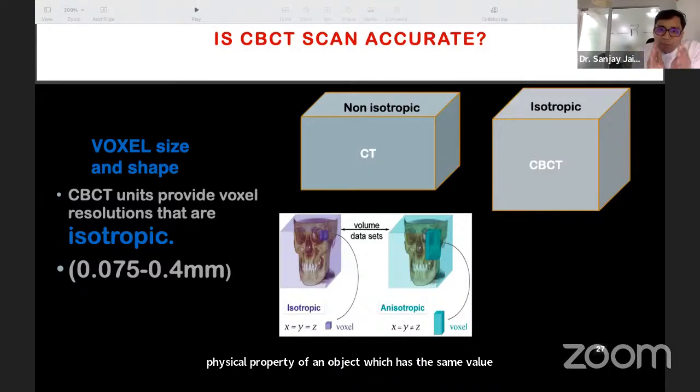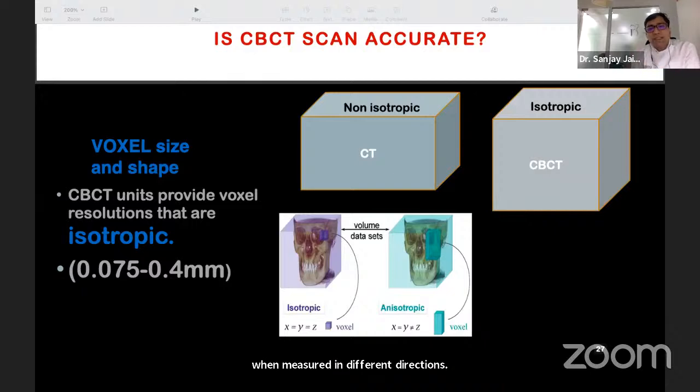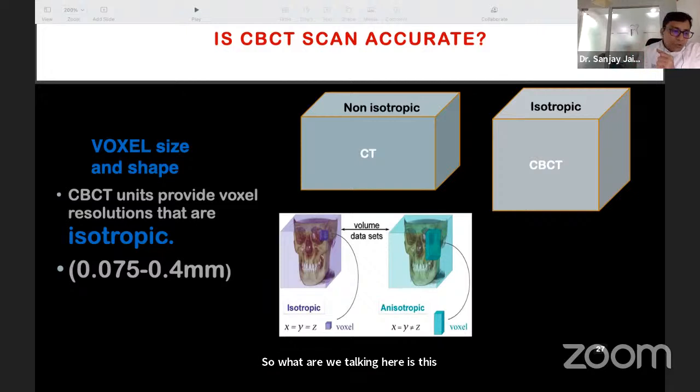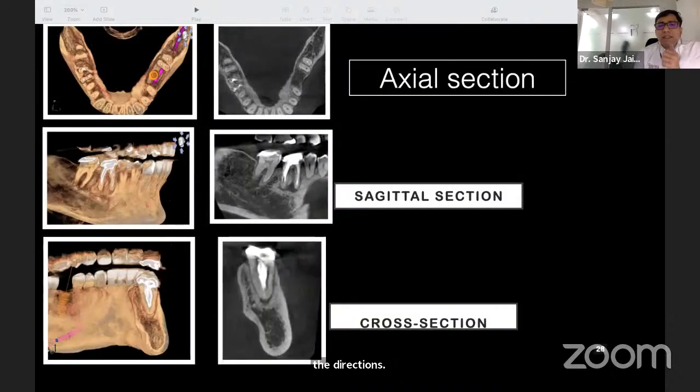That is why CBCT is more precise in dentistry compared to a normal CT scan. So the CBCT image that we get is isotropic, meaning it has the same value whenever we measure from any direction. We have the least variation whenever we have CBCT images.